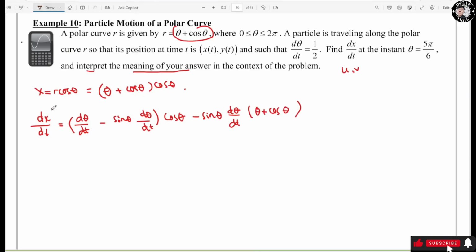Now I need to evaluate this at theta equals 5 pi over 6.